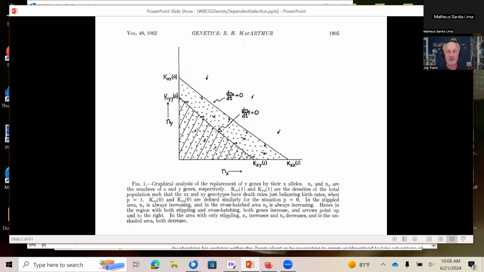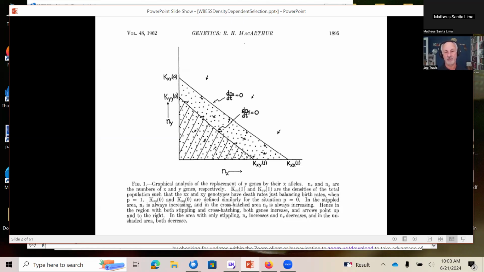This was MacArthur's formal demonstration that that is the appropriate measure of fitness and that evolution might proceed differently under such a situation.